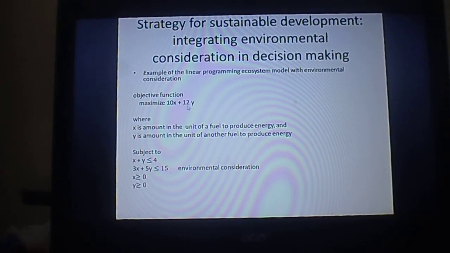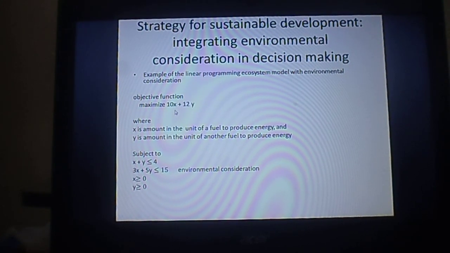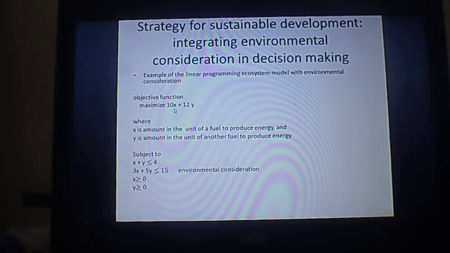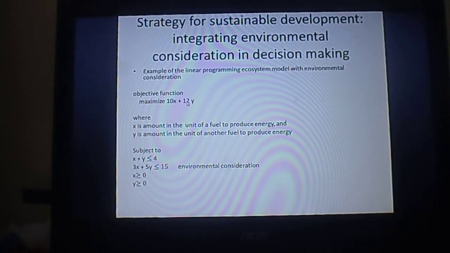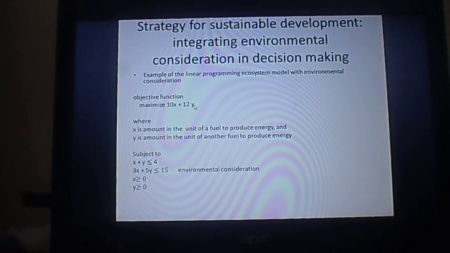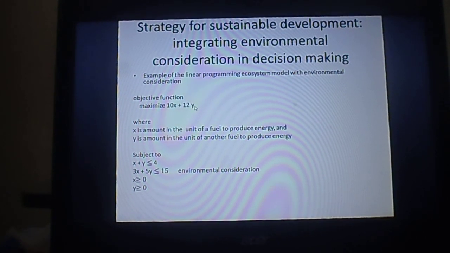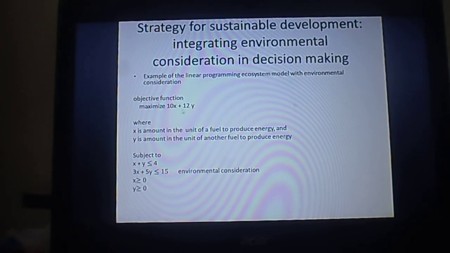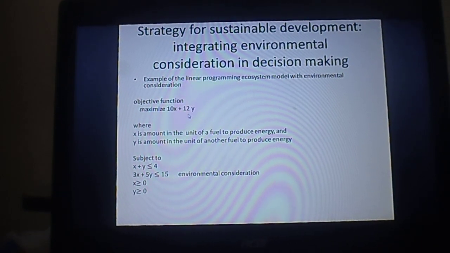In 10x plus 12y, when x is 5 over 2, then 10x is 25. In 12y, with y 3 over 2, the product 12y is 18. 25 plus 18 is 43.